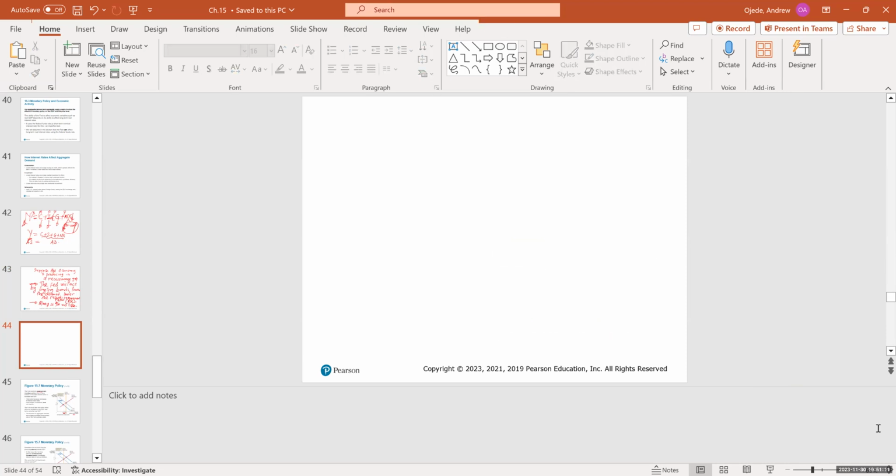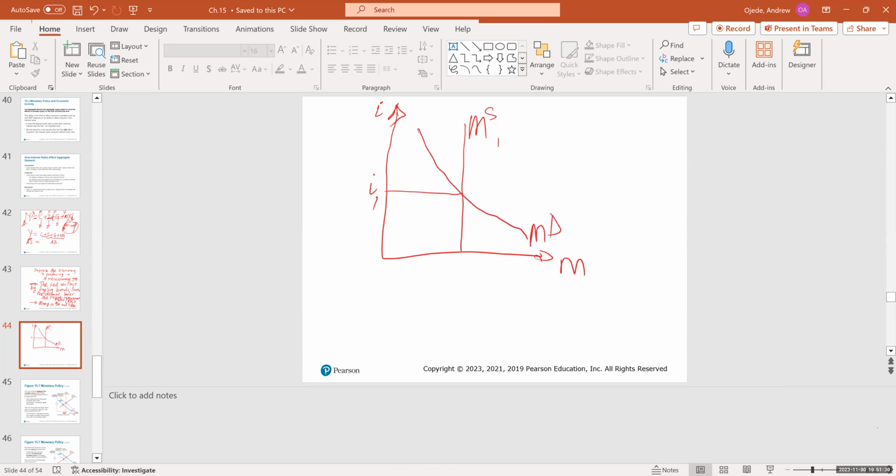I want you guys to understand this. What the Fed has done, when the economy is weak, is purchase bonds. But when they purchase bonds, that leads to an increase in the money supply. So let's say this is your money demand, which slopes downwards. This was your initial interest rate, like we discussed earlier.